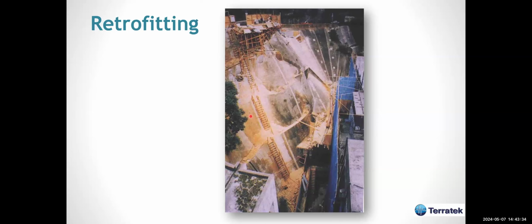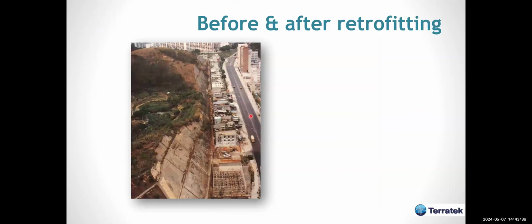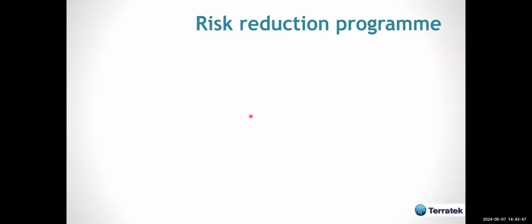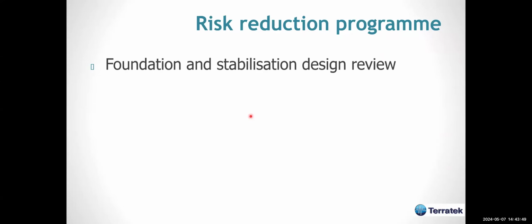I have visited a few sites in which they were retrofitting slopes, before and after retrofitting. I have pictures before and after. I visited some slopes like that. And they have what they call the risk reduction program and foundation stabilization design review, and slope inspections.